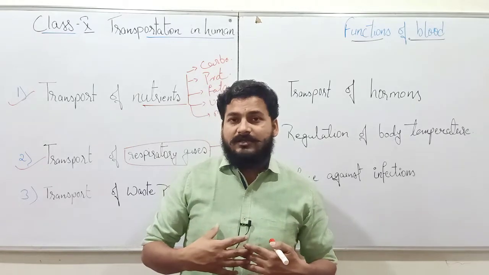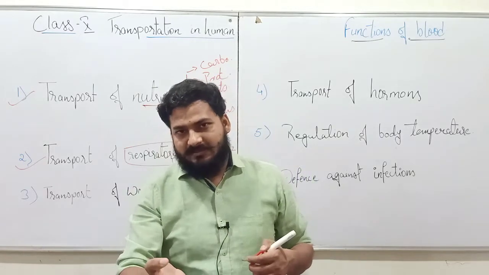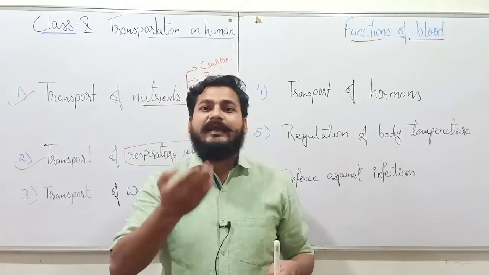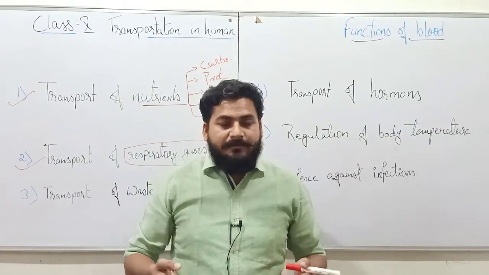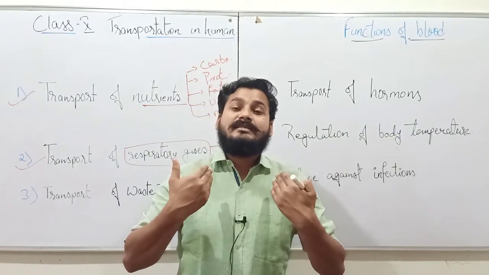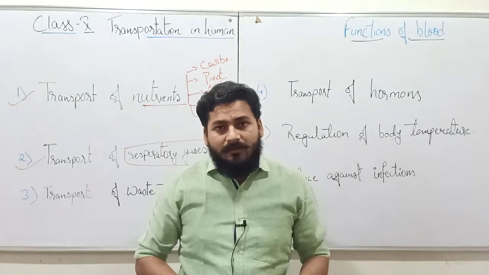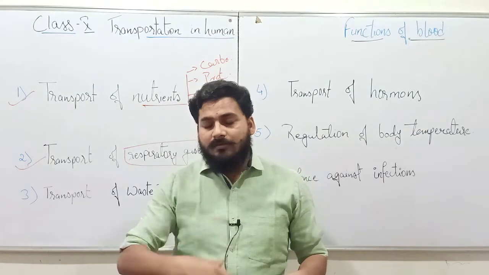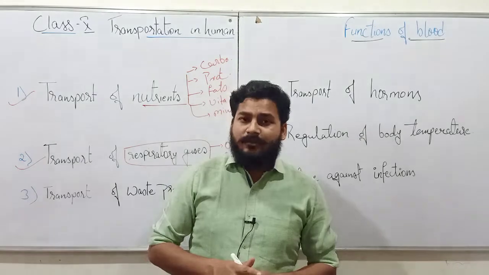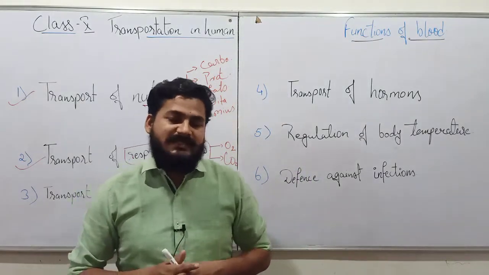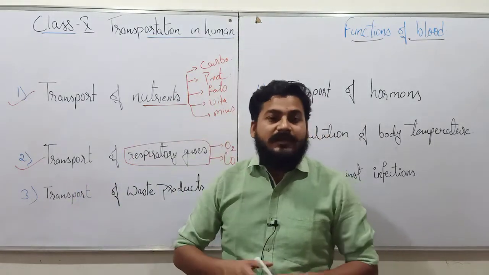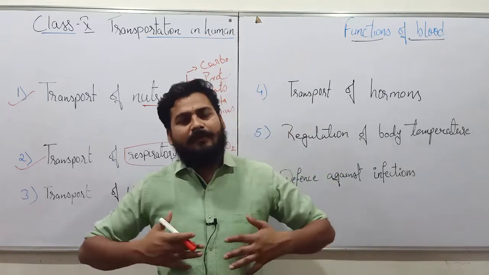This carbon dioxide is then released by us, in the breathing in and breathing out process. In breathing in we take in oxygen, and in breathing out we give out carbon dioxide. But this process which we see, the breathing in and breathing out, takes place only with the help of lungs.